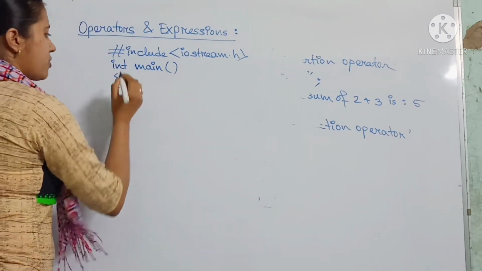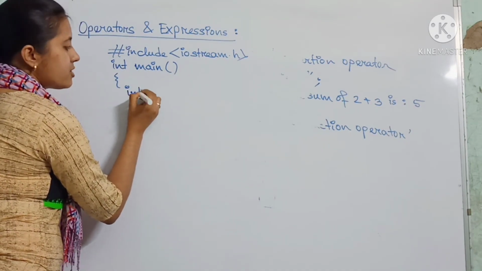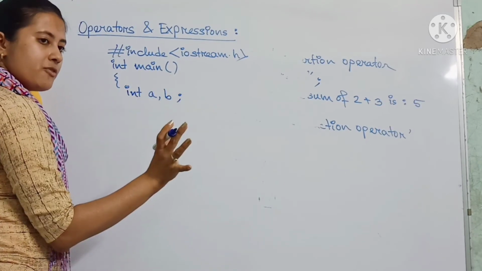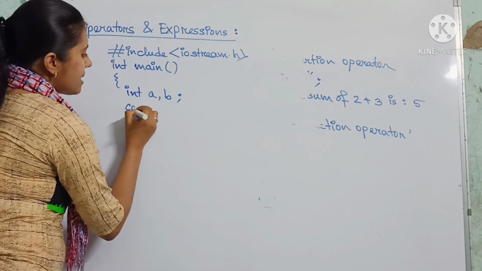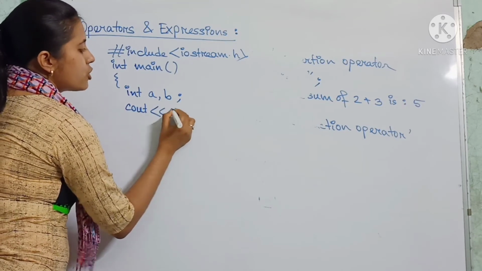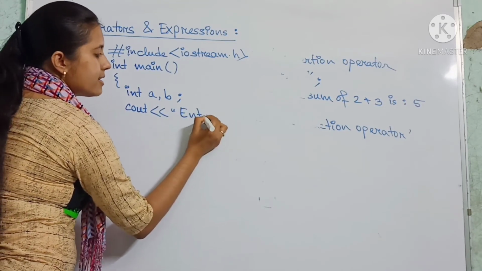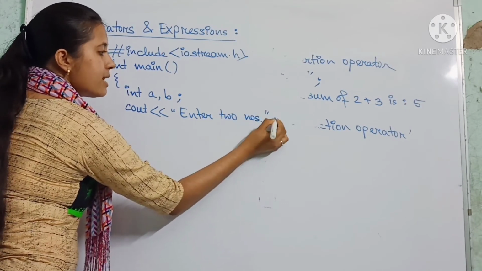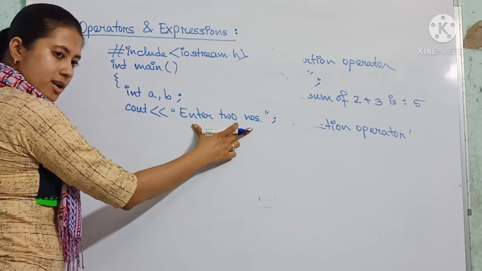A simple program for addition of two numbers. First we will declare two variables, for the two numbers. Then it will ask the user to enter two numbers.